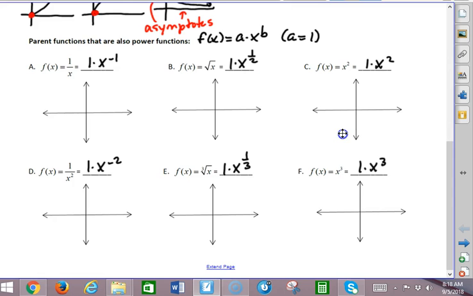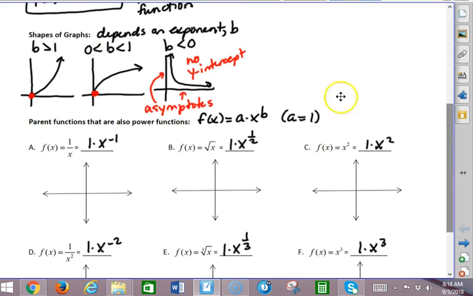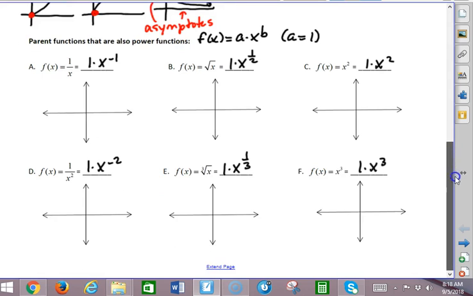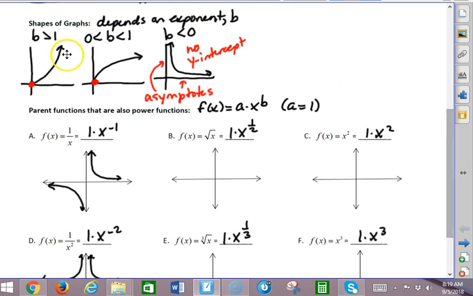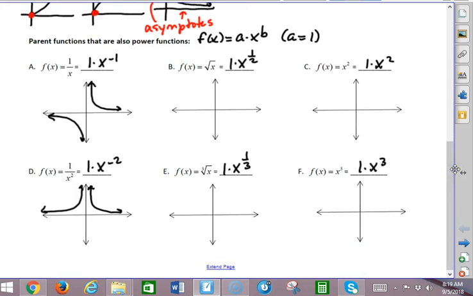So notice, if we look at the characteristics here, a and d have exponents that are less than 0. So they both have this shape in quadrant 1. Now hopefully you remember that 1 over x also has this part down here in quadrant 3, and 1 over x squared has this part in quadrant 2. The middle two have exponents that are between 0 and 1, so notice they both have this characteristic shape in quadrant 1.